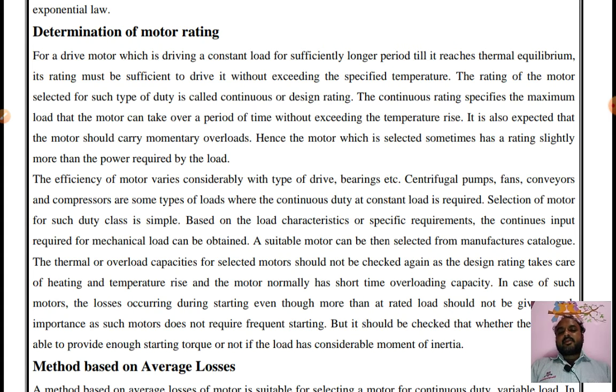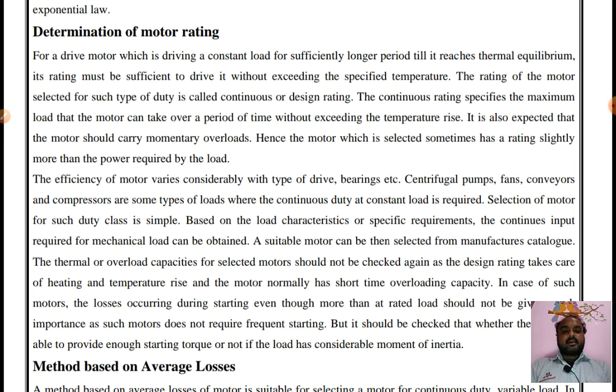The efficiency of a motor varies considerably with the type of drive, bearings, etc. Centrifugal pumps, fans, conveyors and compressors are some types of loads where continuous duty at constant load is required. Selection of a motor for such a duty class is simple.